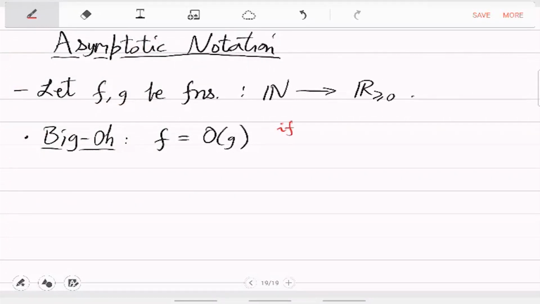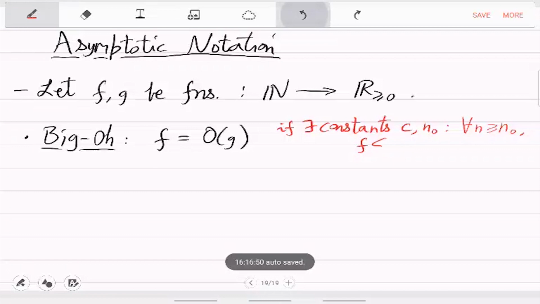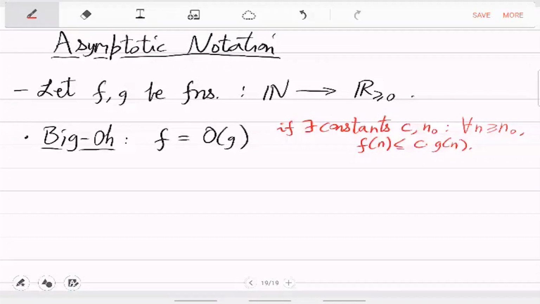So if there exist constants c, n0 such that for all n greater than or equal to n0, f of n is less than or equal to c times g of n. So note that there are two relaxations here.